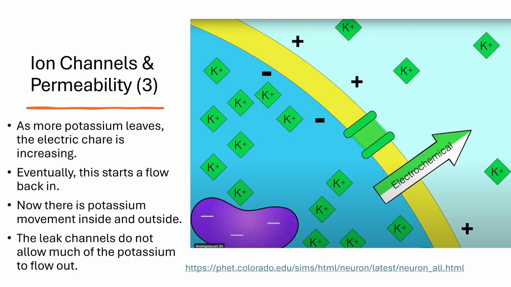The leak channels do not allow much of the potassium to flow out. I have put here a link that visualizes the simulation of this procedure. It is very interesting and fascinating. Please watch it.